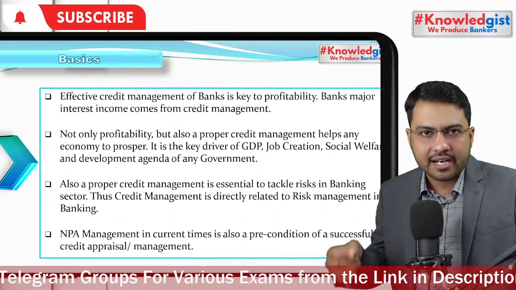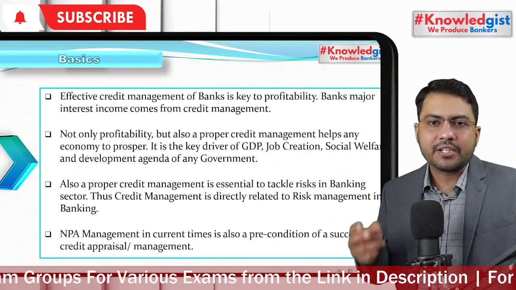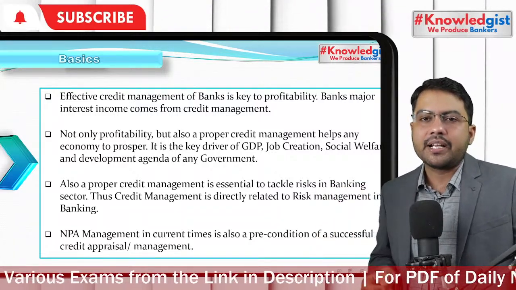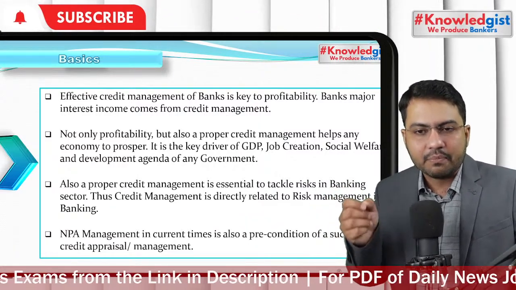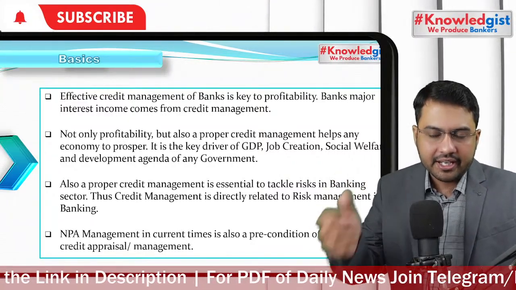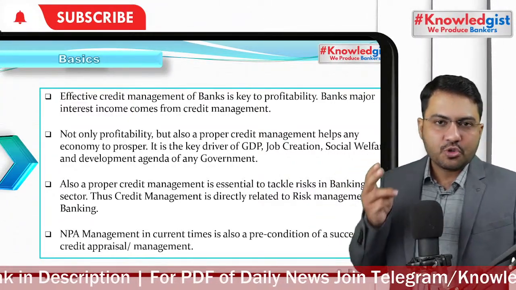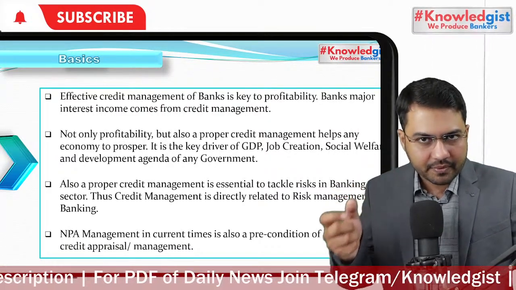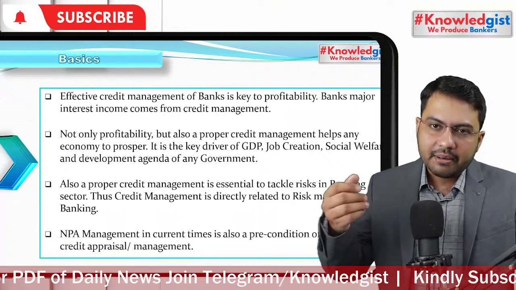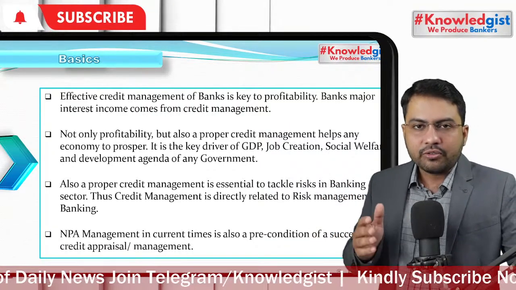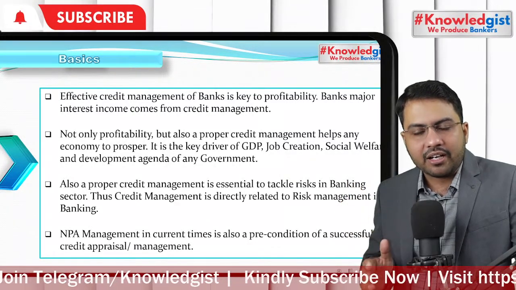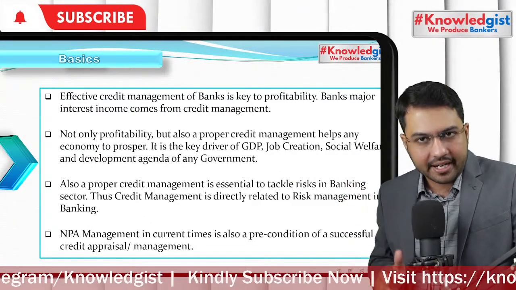But in the conventional method of banking, bank has only one way to make money, that is to lend to the customer at a higher interest rate than the deposit rates, or the rate at which they acquire the money. Bank has two businesses to do: acquiring money from the depositor and lending it to customers for interest income, right? So for years immemorial, the bank's only income was coming from effective credit management.